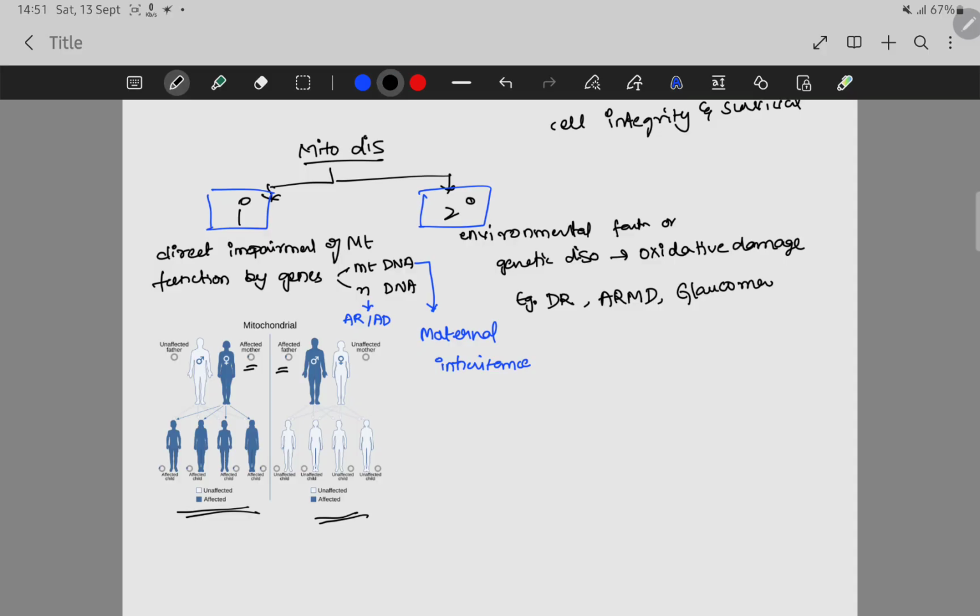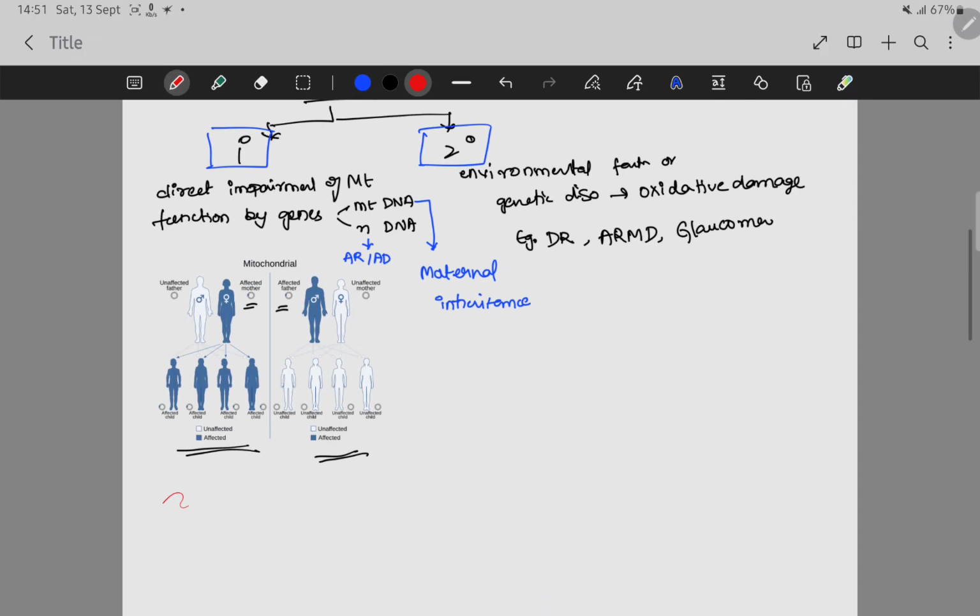Coming to the examples, we have dominant optic atrophy, DOA. In this, the retinal ganglion cells and the nerve fiber layer are affected.